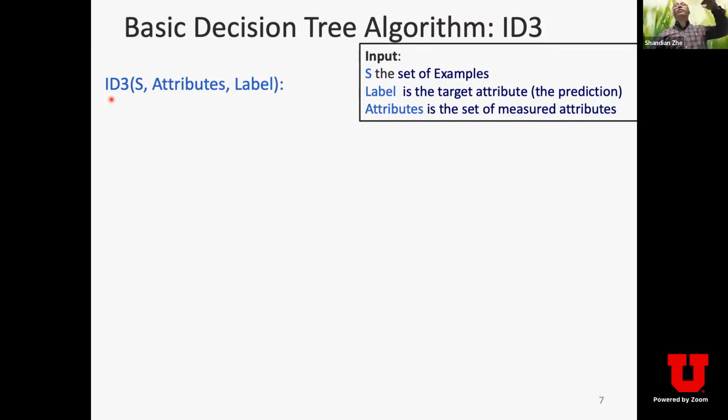So remember, the goal of ID3 is to expand the tree, right? And grow the tree. And when you grow the tree, that just means, okay, for some subset, you're going to further split it into even smaller subsets of examples, right? And so you can create new branches, you can create new nodes. And when should we stop that? It just means, okay, we have matched the leaf nodes, right?